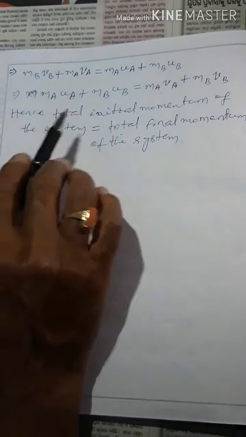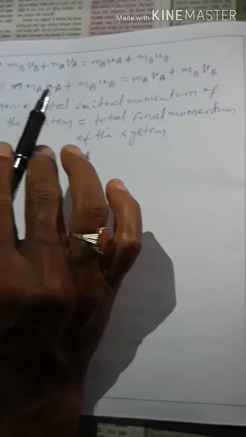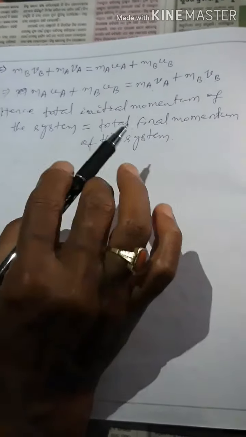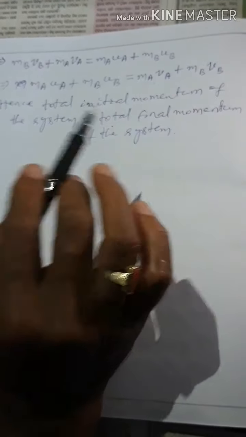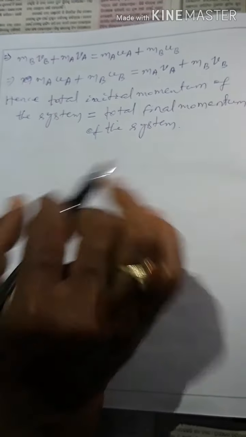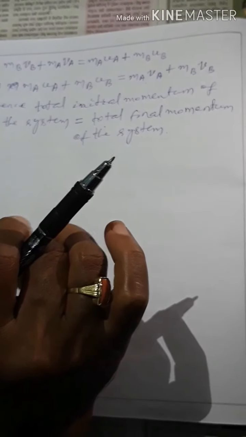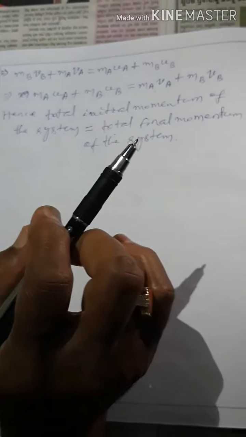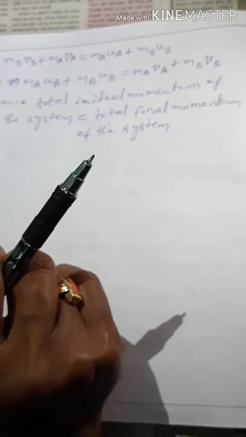Clear? Total initial momentum of the two bodies is equal to total final momentum of the system. Clear? That means the momentum remains conserved before and after the collision. Okay, clear? So this is the law of conservation of momentum.